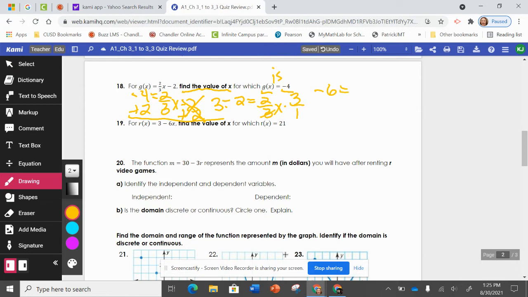On the right, these 3's cross-reduce to 1, so you're left with 2x. My last step is to divide by 2 on both sides, and we get x is equal to negative 3. So when x is negative 3, the answer would be negative 4.